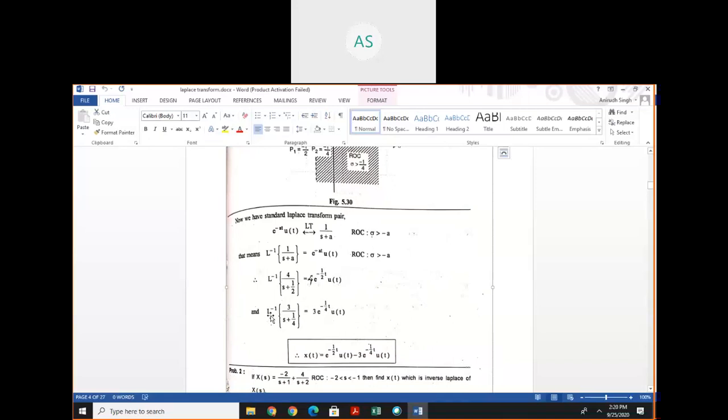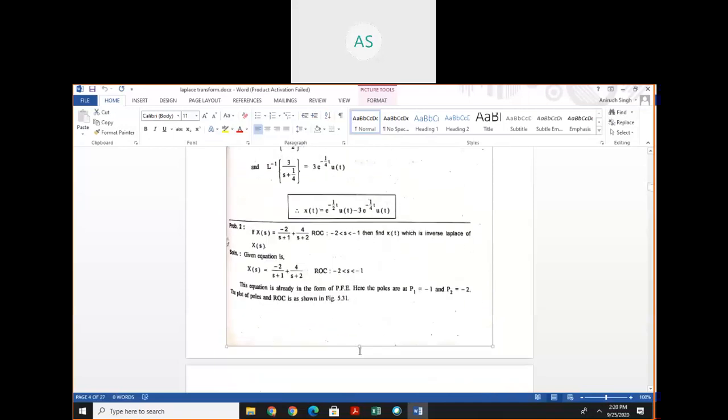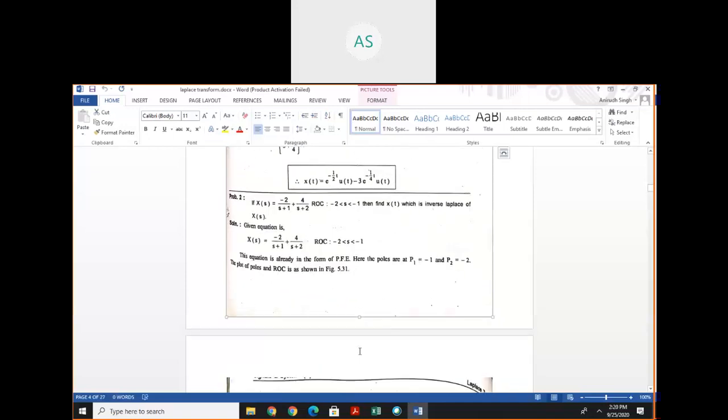Because this pole is also to the left hand side of the ROC, we multiply the signal by u(t). So we use this standard Laplace transform here. Clear? Then for the second term, the inverse Laplace transform of 3 by s plus 1 by 4 is equal to 3 e to the power minus 1 by 4 t u(t), and this is the time domain signal.